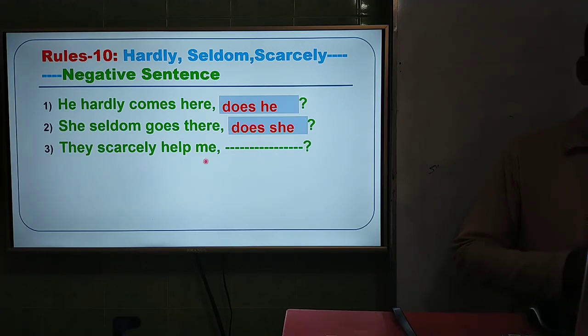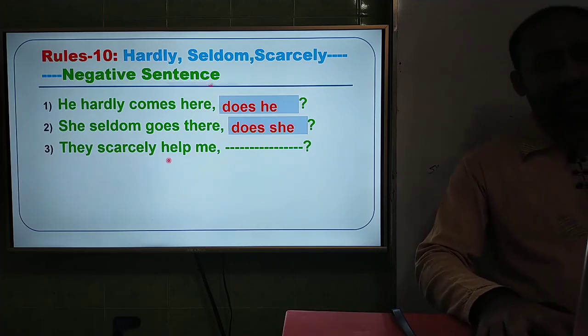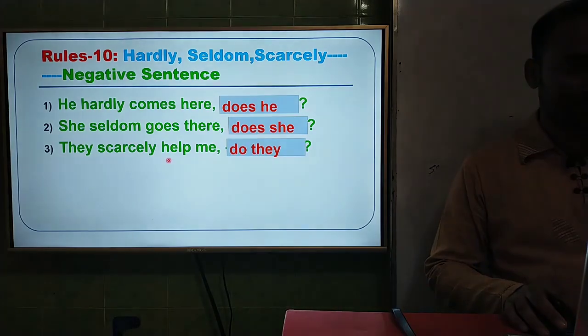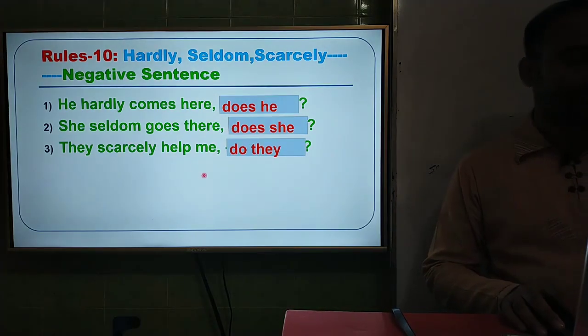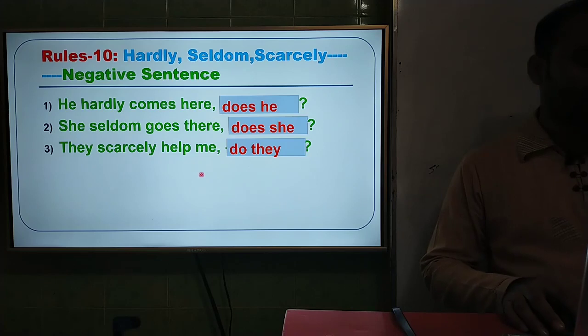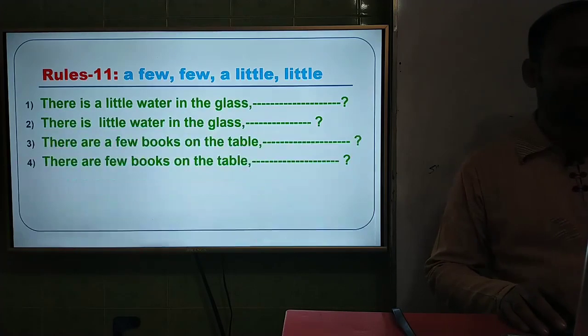There is no operator here also, so we have to get help from do, does, did. As it is in present indefinite, we have to use do, so the answer will be "do they". Okay, this is rule number 10, and I am going to the next one.